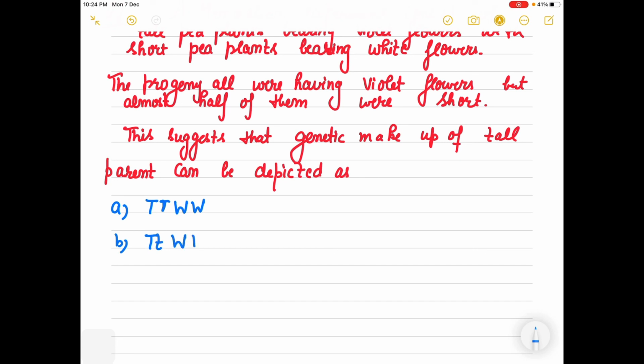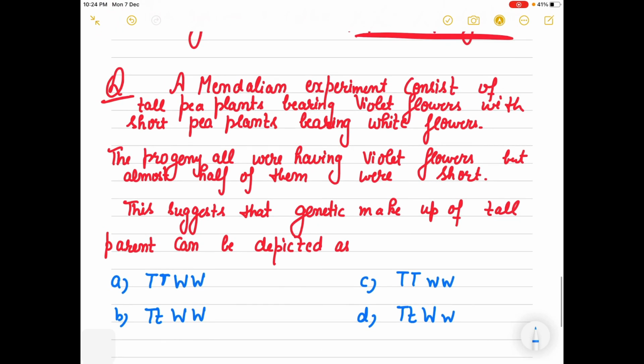I'm giving you the options, and please mention your answer in the comment section, after reading this question very carefully: according to you, what should be the genotype of the parents, that we are getting violet flowers as well as a few short plants?